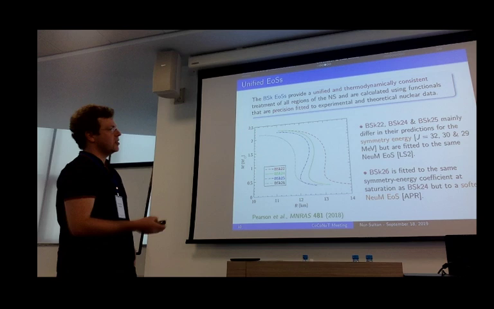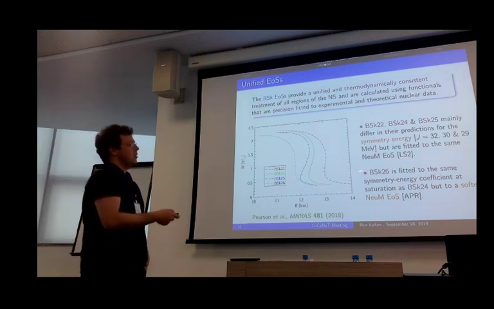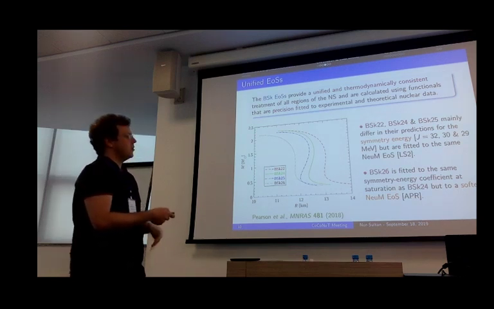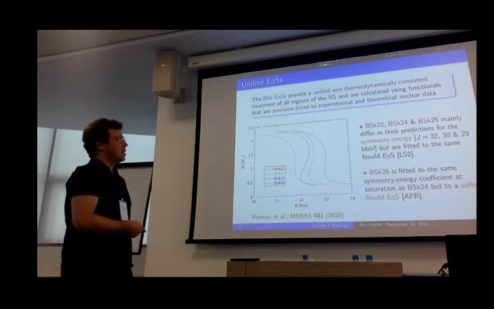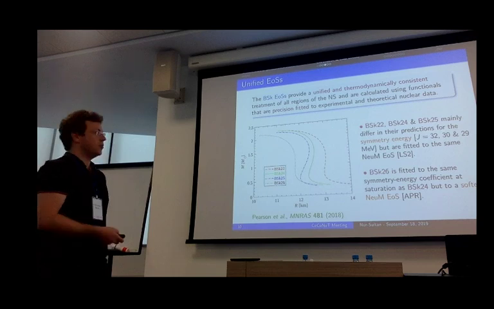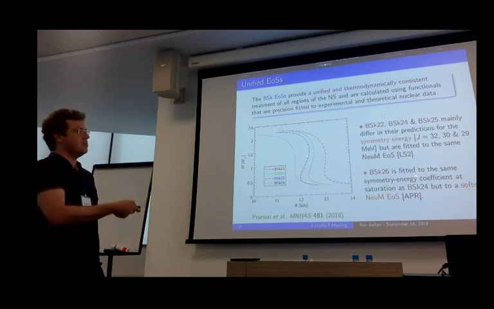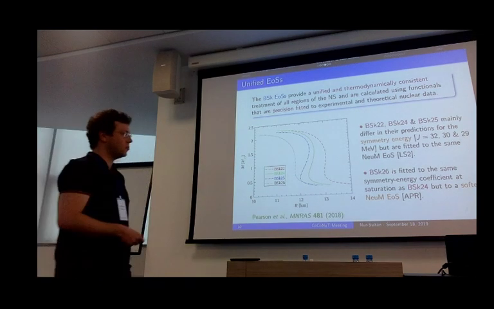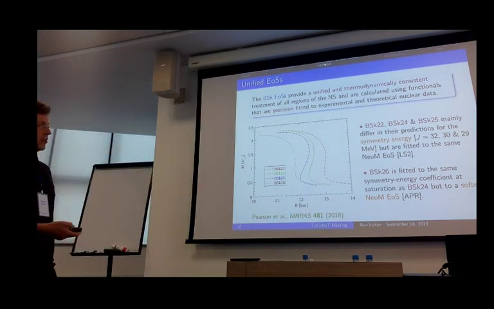So these three equations of state can be used to study the impact of the symmetry energy on the tidal deformabilities. And we also focused on BSk 26, which is fitted to the same symmetry energy coefficient as BSk 24, but to a softer neutron matter equation of state. So we could study the impact of the stiffness of the neutron matter equation of state by comparing these two equations of state.